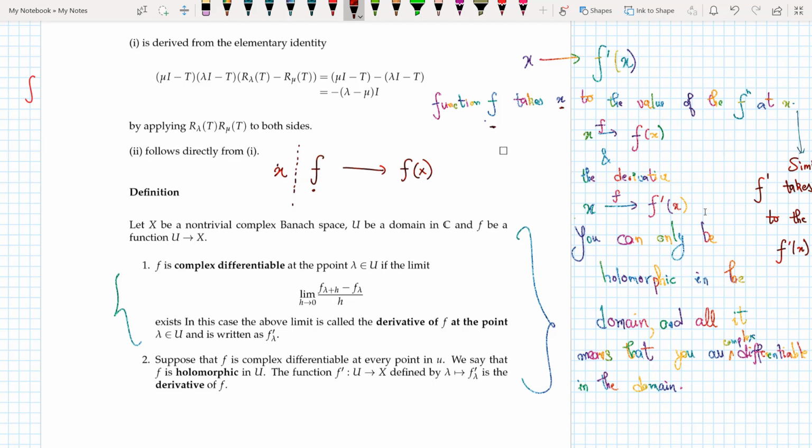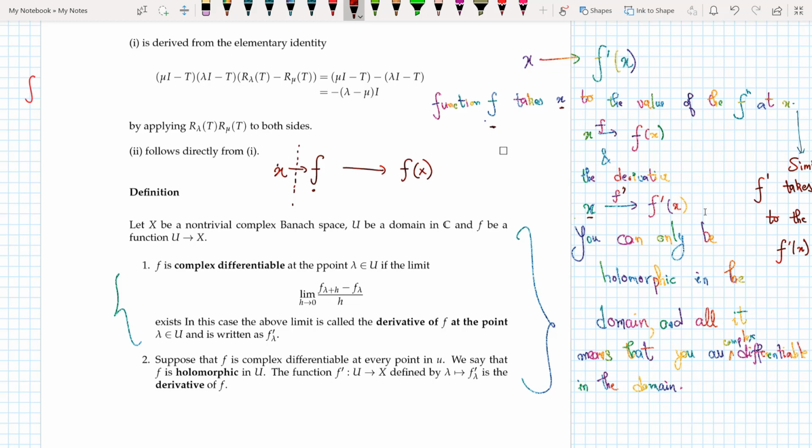So f is this flow, and similarly the derivative is taking x to the value of the derivative. So f dash is the derivative function, and it is taking x to the value of the derivative at x.